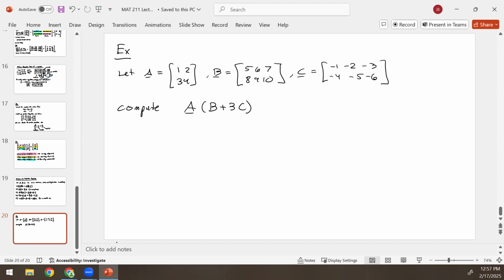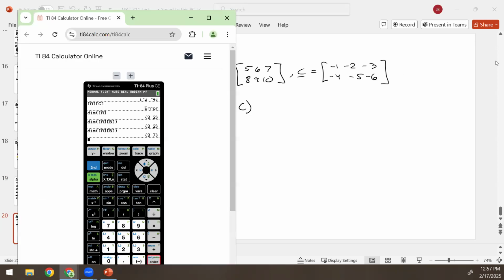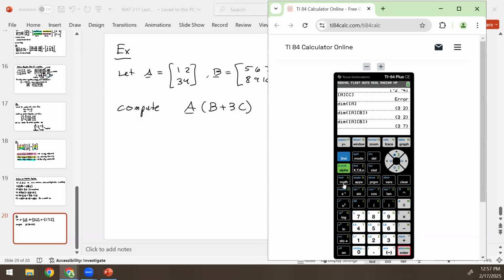Well, if we go to our calculator, okay, let's clear all this out. Second matrix, we're going to go to edit. We're going to make this a 1 by 1, put a 0 there, and then we can now make it a 2 by 2. And we're going to do 1, 2, 3, 4.